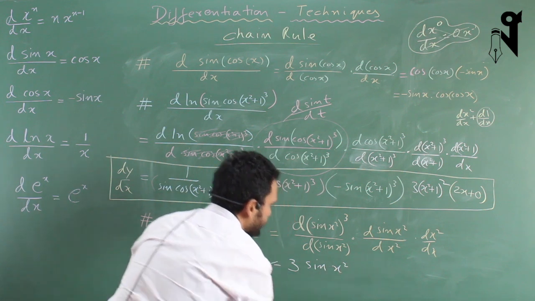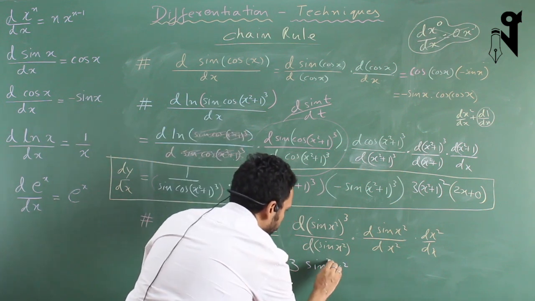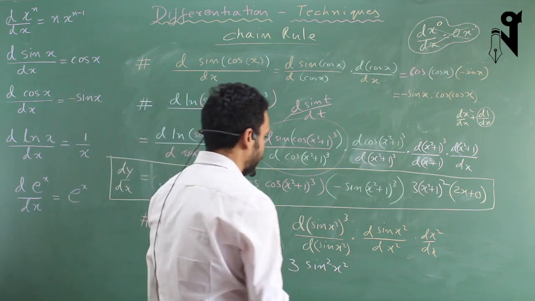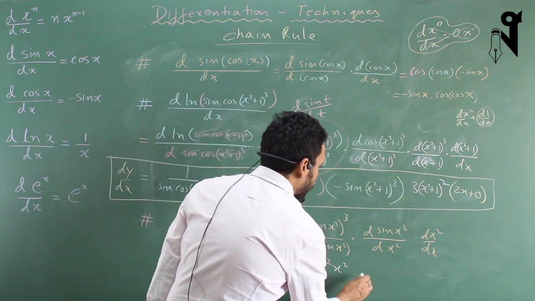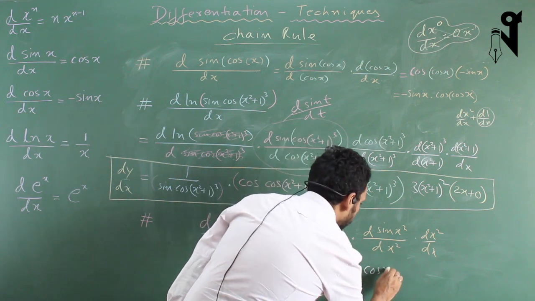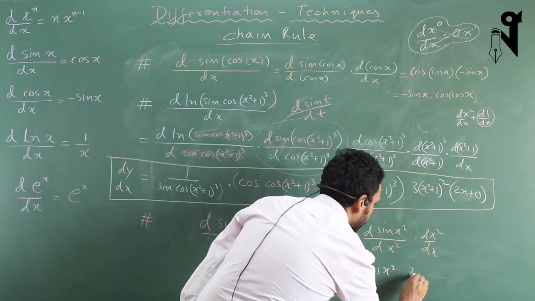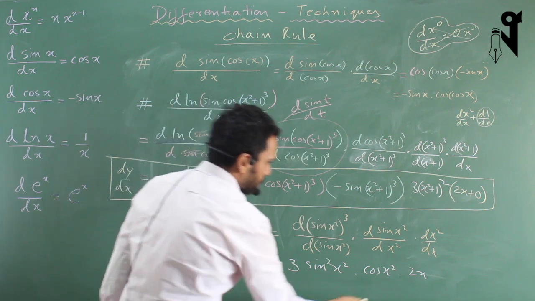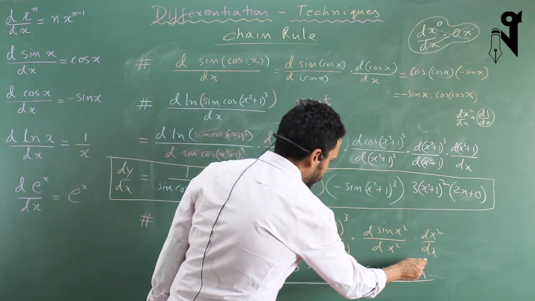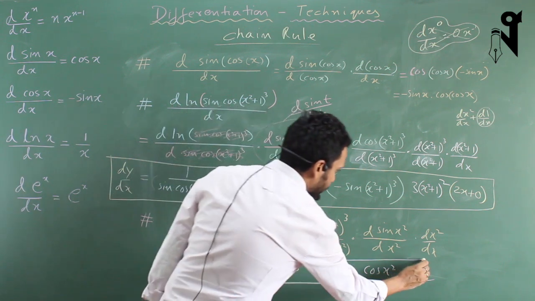Sine x square is that t, it's the square of that. I'll rather write a square over here. You can write a whole square, but that's the way we write. Into cos of that thing, and then 2x. So that's your answer, and I really hope you got that answer.